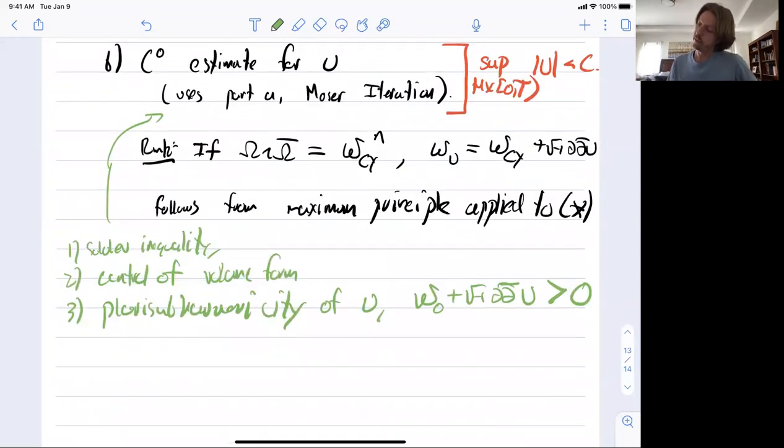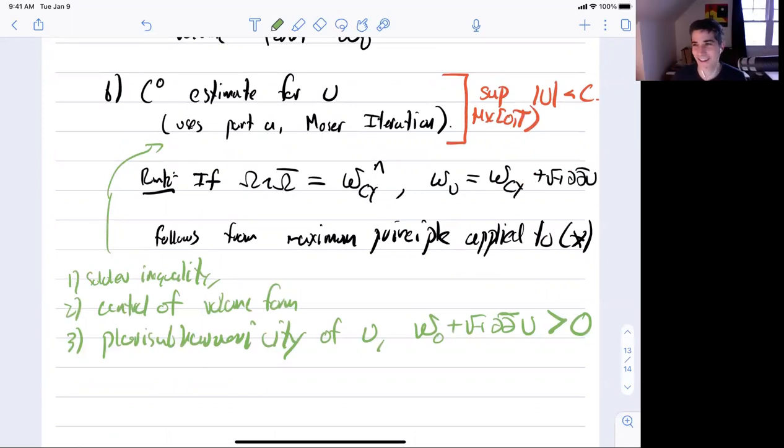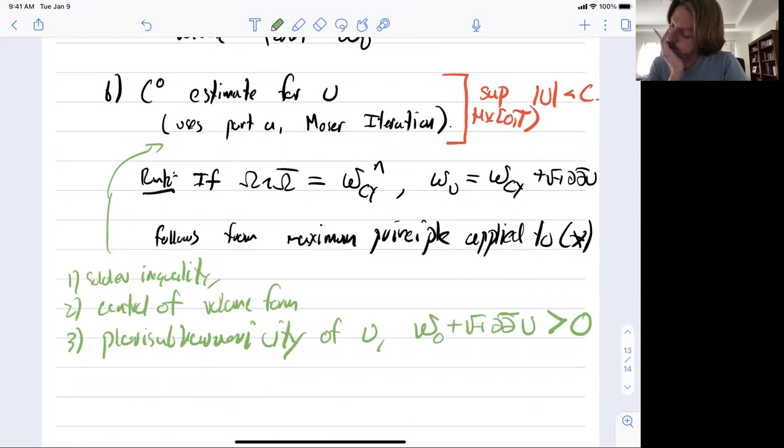I don't want to make a hash out of it. If we're going to assume it, we might as well just assume it. It's a fairly delicate thing.